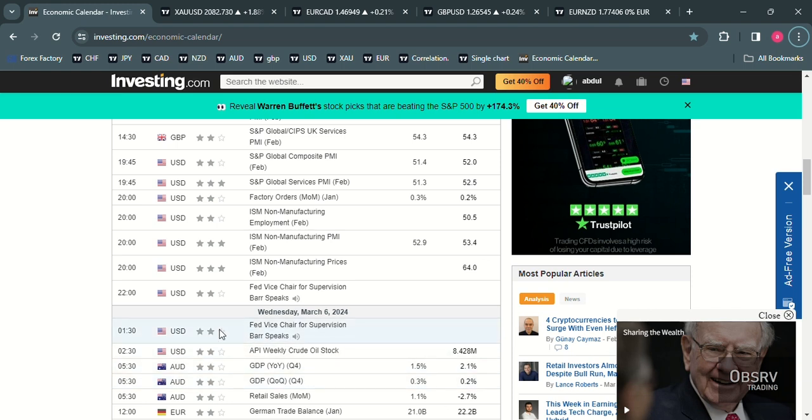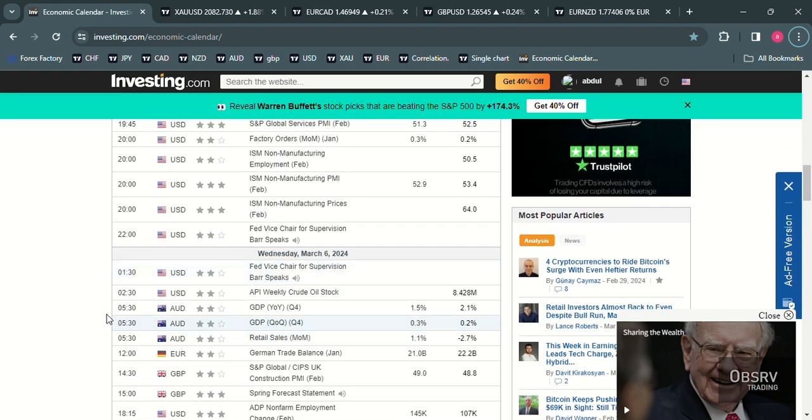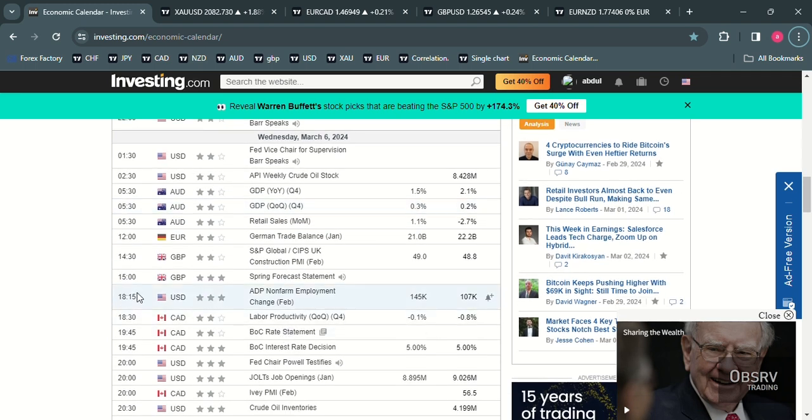There's a couple of speeches in the morning. Then you have, during Asia, towards the close of New York and during Asia, some GDP on Aussie. You have some high impact news on pound, and then you have non-farm employment change on dollar, and you have interest rate on CAD, right?